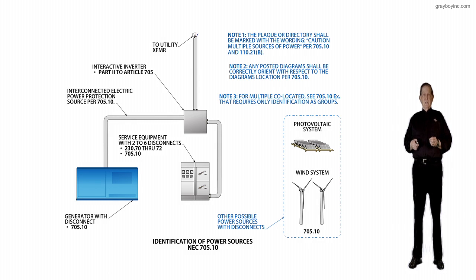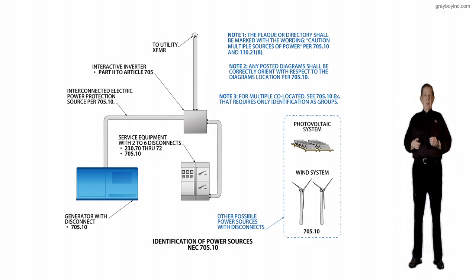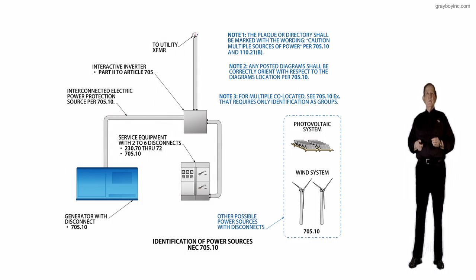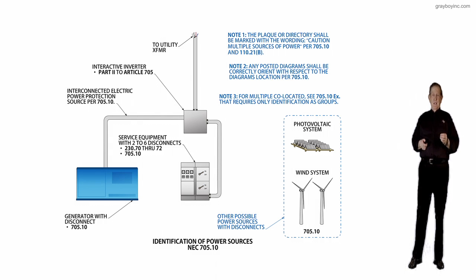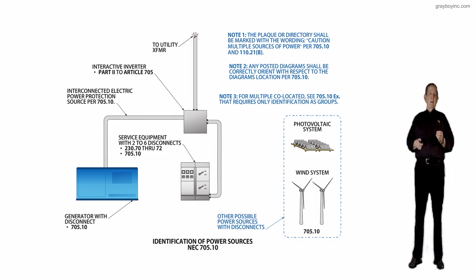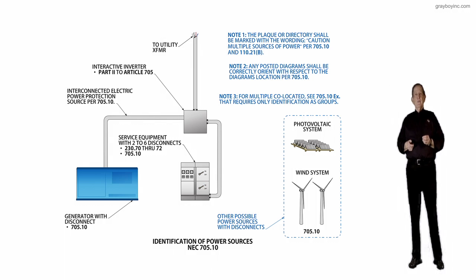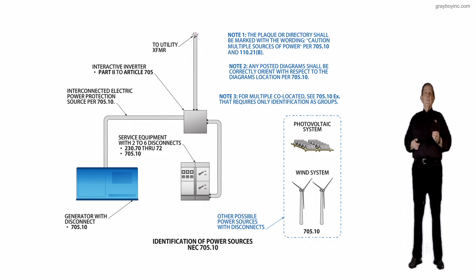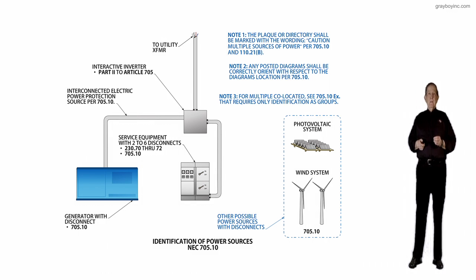Now, when you put these generators in, if you want to look at more detailed information for the conductor sizing from the generator over to the inverter, go to 445.13. Dealing with disconnects, depending on if you have parallel generators or just one generator, go to 445.18 and 445.20, and a lot of good information is provided there.